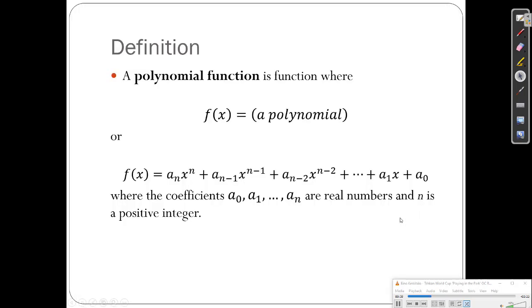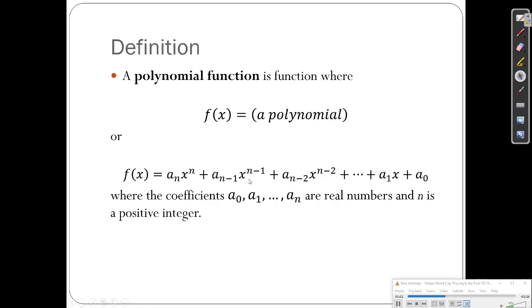So, what is a polynomial function? A polynomial function is a function where your function equals a polynomial, just as we defined them back in Chapter R. So it has a bunch of terms where all of these coefficients out front are real numbers, and all of these powers on the variable are whole numbers.